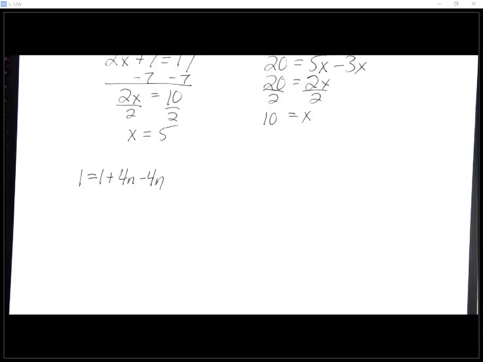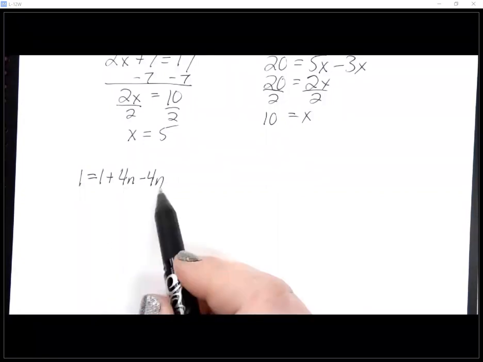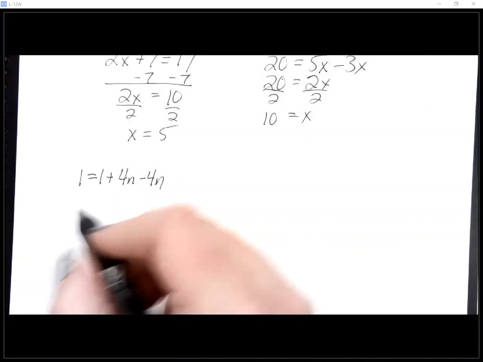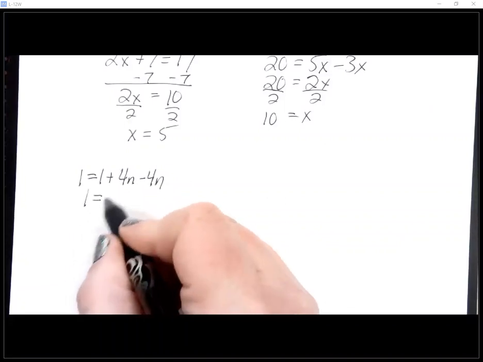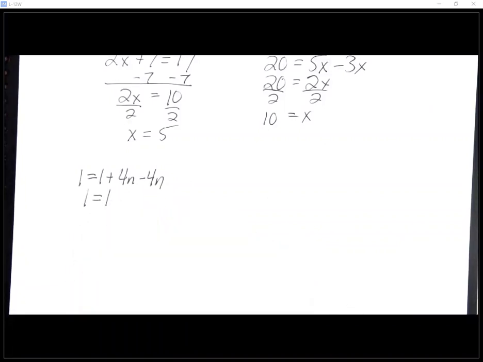Yeah. So what happens here, 4n minus 4n just cancels each other out. So I'm left with something that just says 1 equals 1. Well, that is a true statement, right? 1 does equal 1. That's true, but my variable is gone. So whenever you have something like that, when you're left with a valid statement, I just don't have a variable anymore.